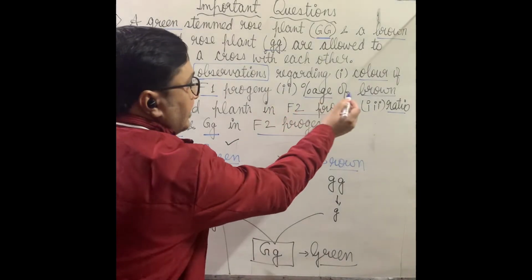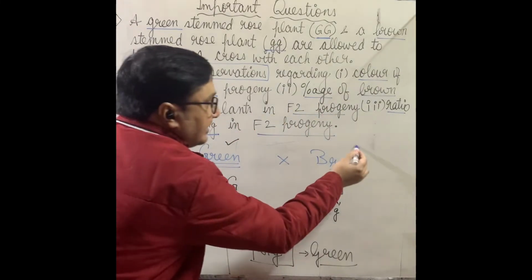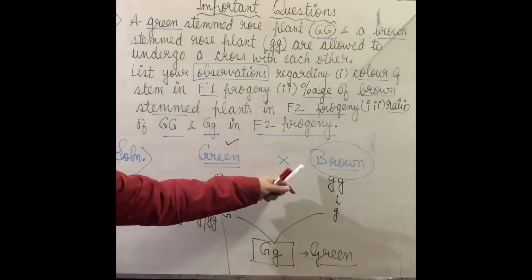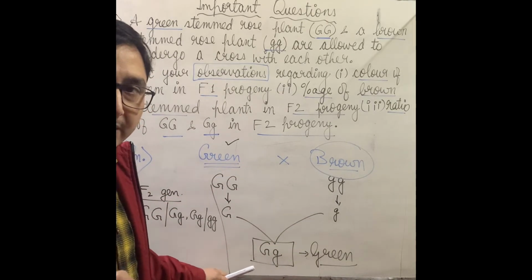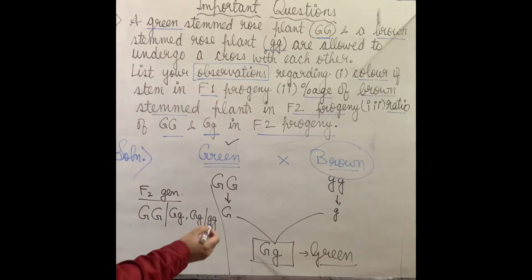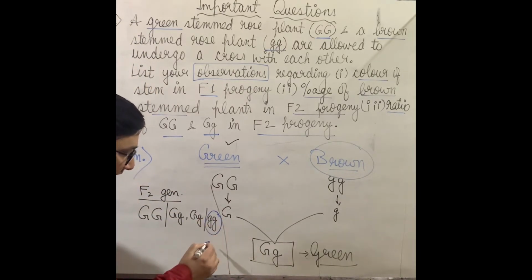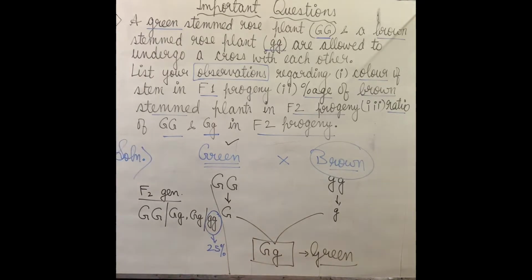The question: percentage of brown stemmed plants in F2. Brown is recessive, so it was not expressed in F1. In F2 it will get expressed, right? That is the law of segregation or purity of gametes. But then what will be the percentage? Only 25%.